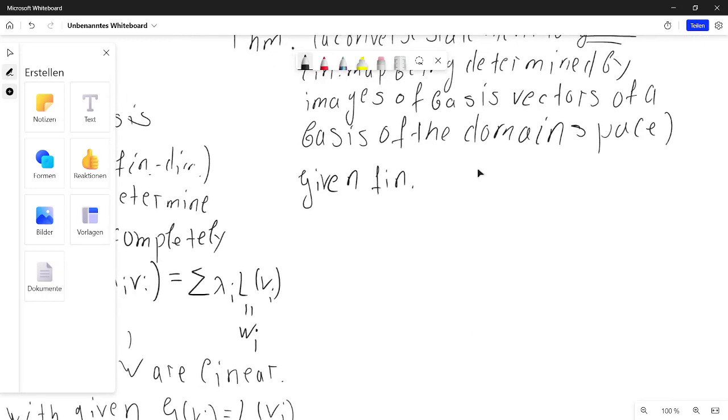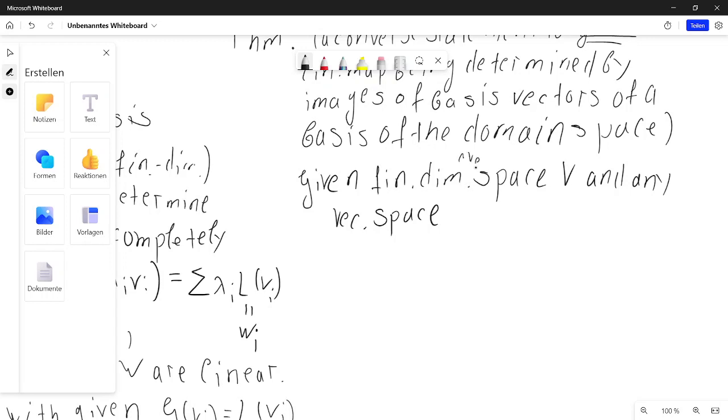So given finite dimensional space V and any vector space, and recall again, all spaces are K spaces with the same field K. Finite dimensional space V, and I mean vector space, of course. And any vector space W, so we do not assume anything about dimension. Right.